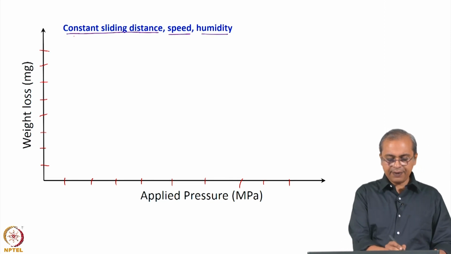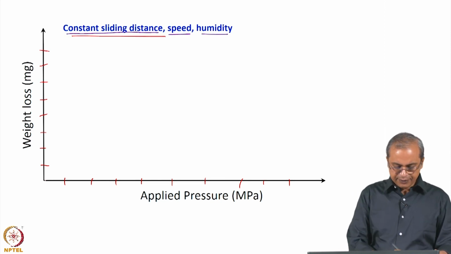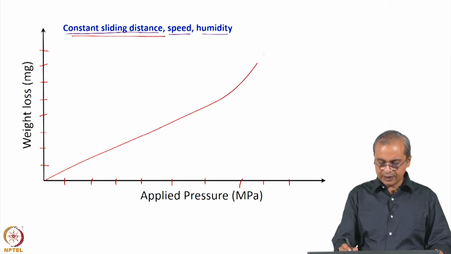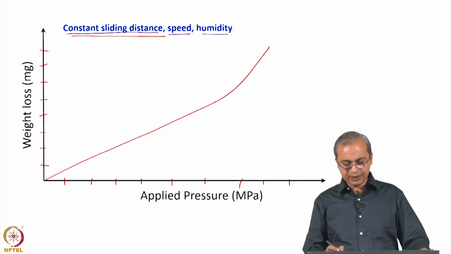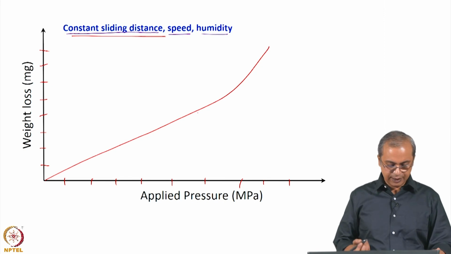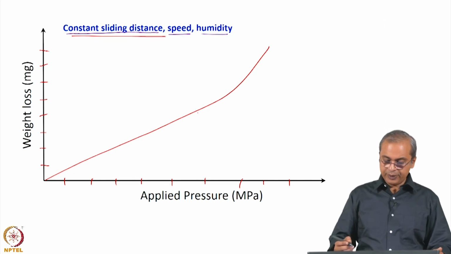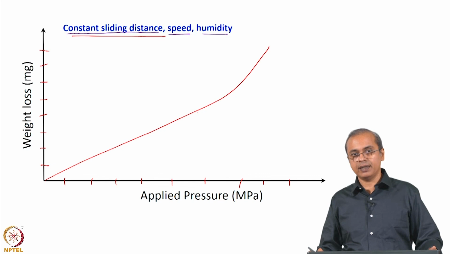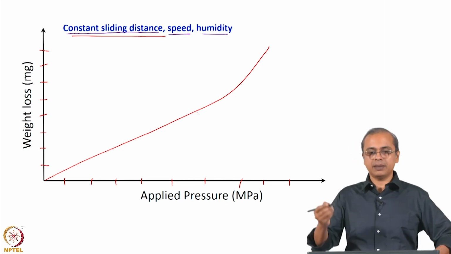But the distance travelled is the same. So, you will again have some curve, you may see something like this, because at higher and higher pressure you may see a behavior that deviates from your original linearity, for example, and you may start seeing much higher weight loss as the pressure you apply goes beyond some threshold value.